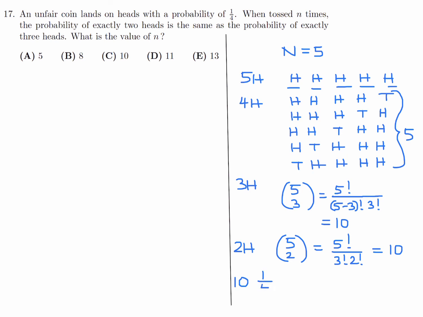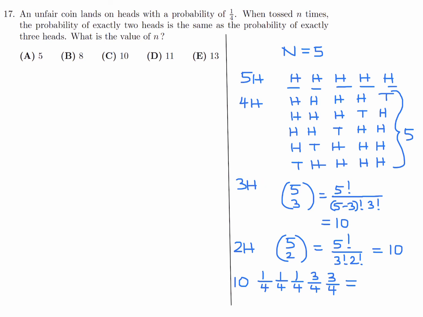So a head happens with the probability of a quarter, and a quarter, and there's 3 of them. That's why I wrote a quarter 3 times. Then we have 2 tails, each tail happens with the probability of 3 quarters, right? So that is the probability total of getting any scenario with 3 heads.